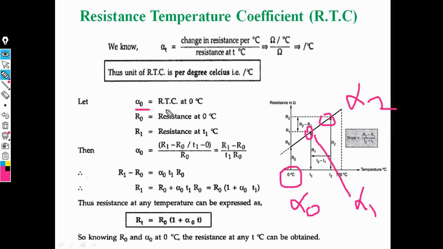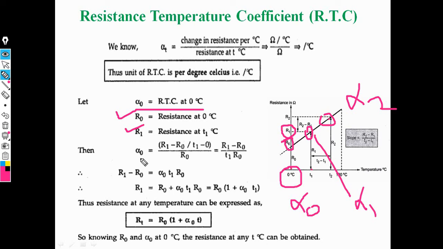Now here alpha 0, that is the resistance temperature coefficient at 0 degree Celsius, is alpha 0. Now here resistance R0 is the resistance at 0 degree Celsius. Then R1 is the resistance at T1 degree Celsius, that is T1 is here. Then R0 is at 0 degree Celsius.